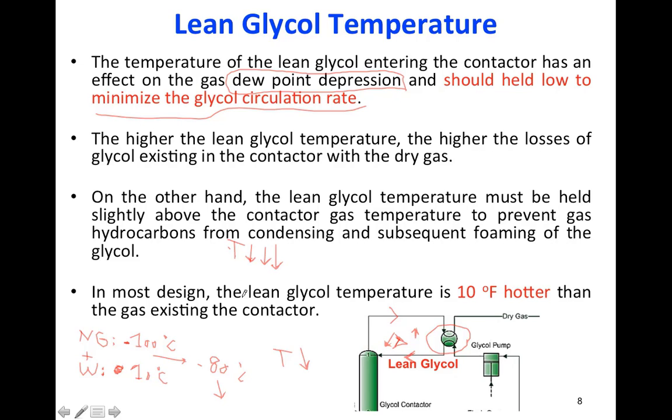So in most designs, the glycol temperature is a little bit above the gas that is leaving. In most designs, the glycol that is entering here is 10 degrees Fahrenheit warmer than the gas that is leaving, to avoid the condensation of this gas.